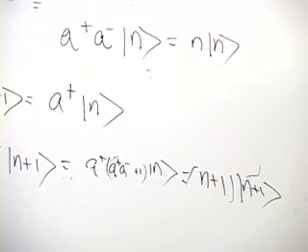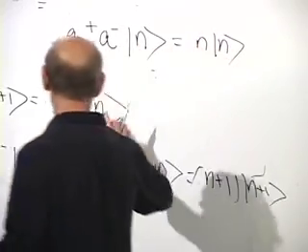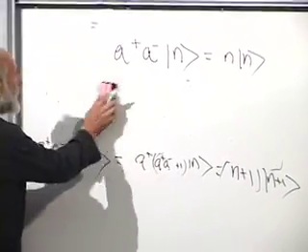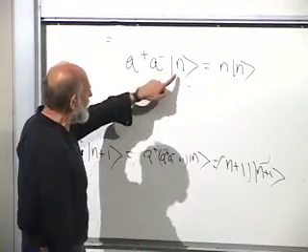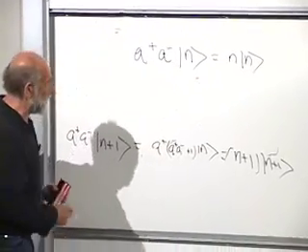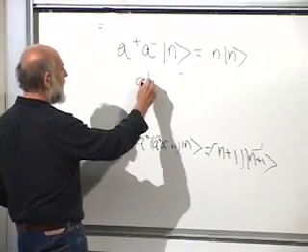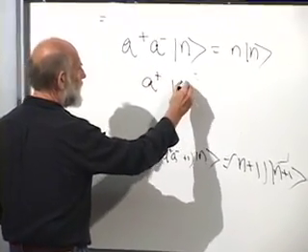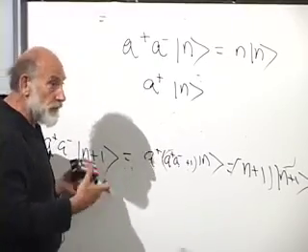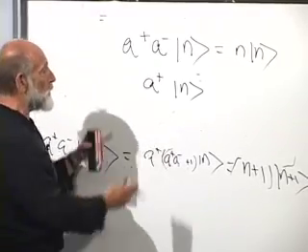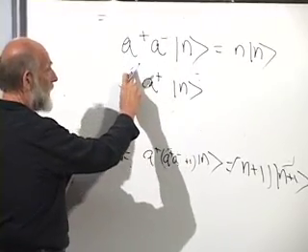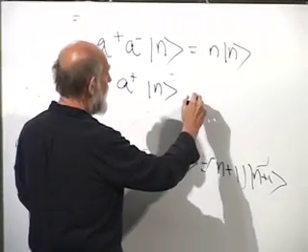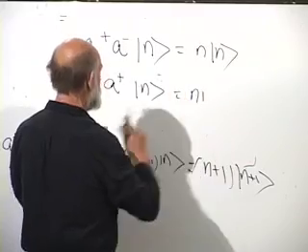All right, here's the upshot. Here's the theorem. If you have an eigenvector with eigenvalue n of A plus A minus, and you hit that eigenvector with A plus to create a new vector, then that new vector is also an eigenvector of A plus A minus with eigenvalue n plus 1.